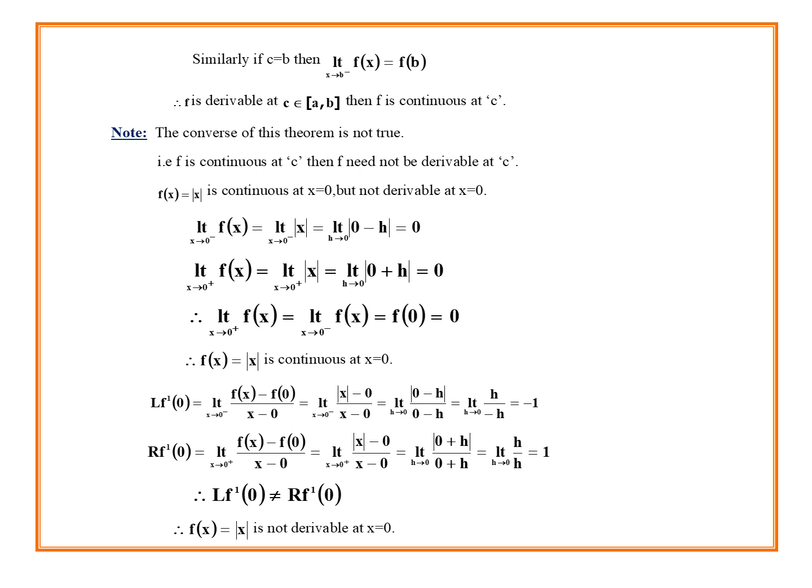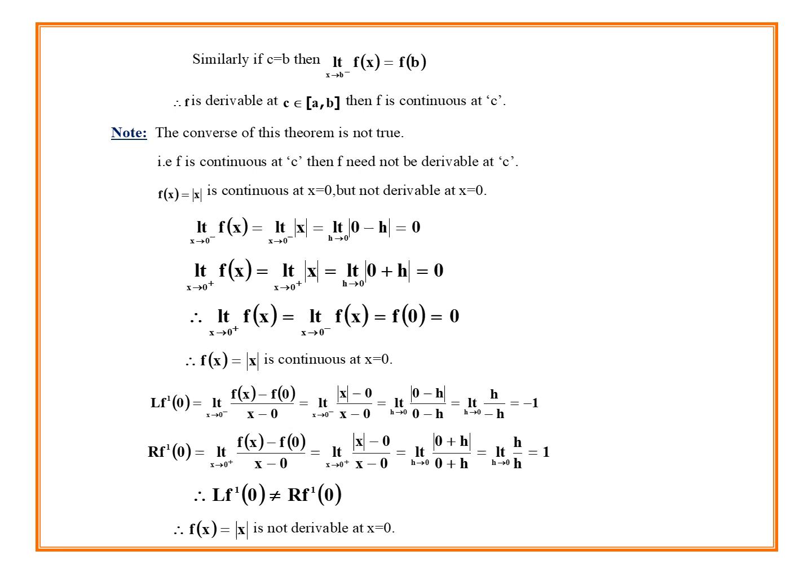Now we are finding the right hand derivative. R f dash 0 is equal to limit x tends to 0 plus of f of x minus f of 0 by x minus 0, that is equal to limit x tends to 0 plus of mod x minus 0 by x minus 0, that is limit h tends to 0 of mod of 0 plus h by 0 plus h, which is equal to limit h tends to 0 of h by h.